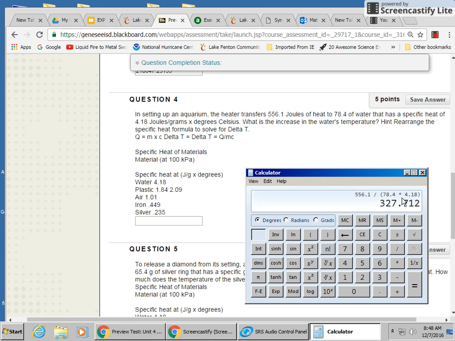So that's Q divided by MC. Wow. Okay. And so 1.70.